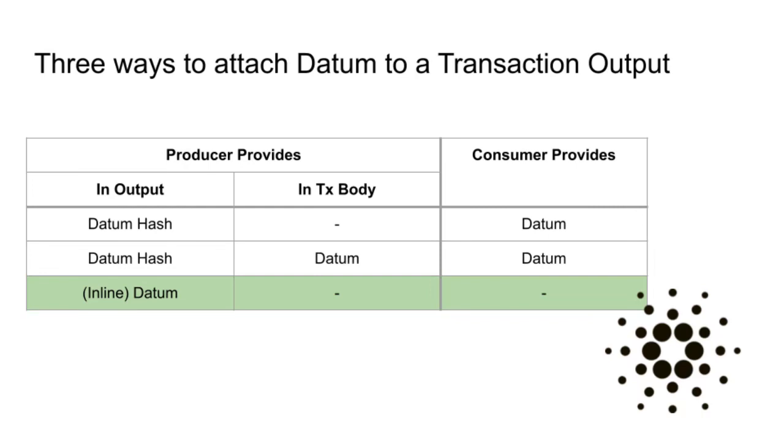So particularly from the point of view of a potential consumer, this third option is by far the most convenient. In this case, no additional tool is needed. The Cardano node or the Cardano CLI can give the value of such inline datums. In this course, we will mostly use the third option because, as I said, it's most convenient. However, for dApps in production, there may be reasons to prefer one of the first two options.